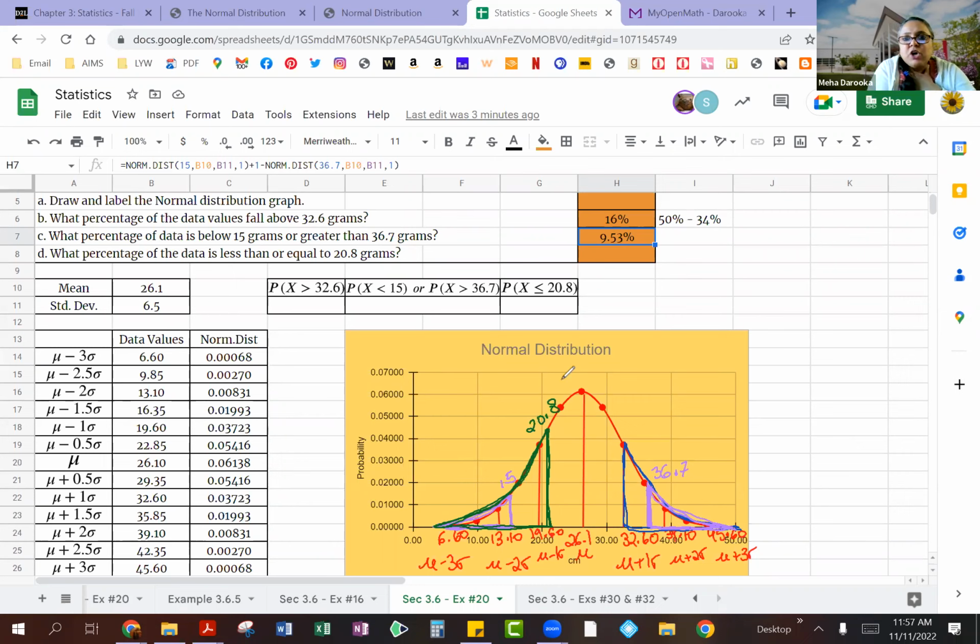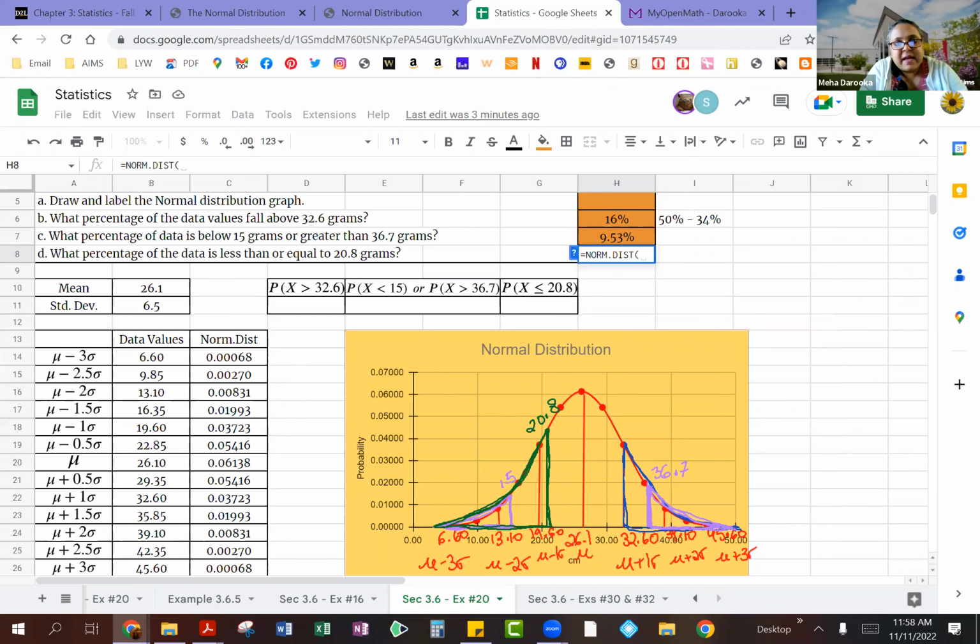And this would be our 20.8 grams. So again, for the 20.8 grams, since that is not exactly at a 1, 2, or 3 standard deviation, you again want to use the norm dot distribution function for this one as well. So if you are talking about below, then you just directly use your norm dot distribution function.